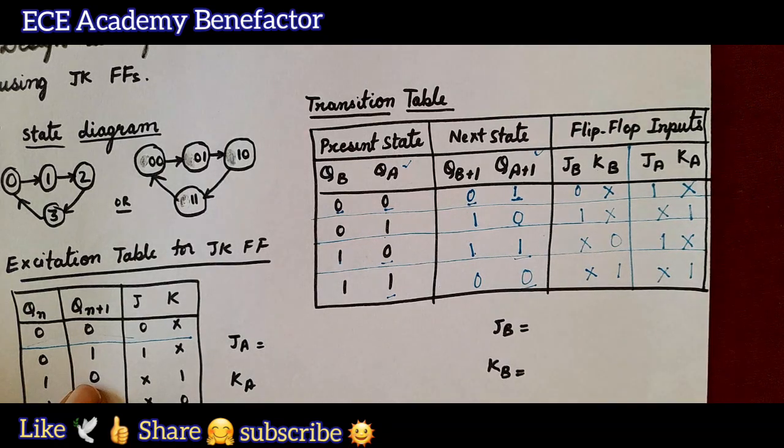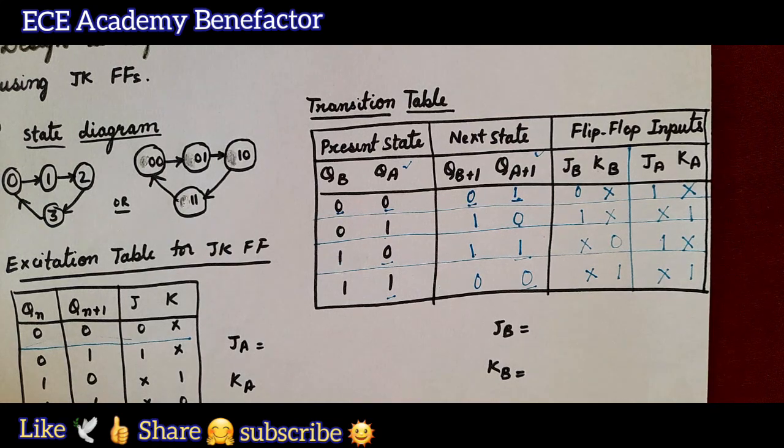So in this way we have filled JA, KA inputs: 1x, x1, 1x, x1. So the transition table is completed.